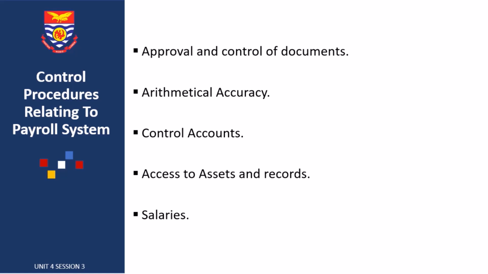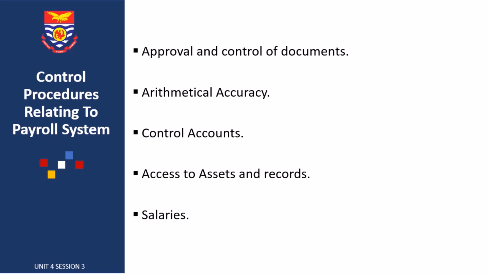Now the other one is to check the arithmetical accuracy of the transaction. We are basically saying that the payroll should be prepared from the time recording system and a sample checked for accuracy against the current rate of pay. So there should be some kind of arithmetical accuracy, where cross-checking should be made. And the third thing has to do with the control account.